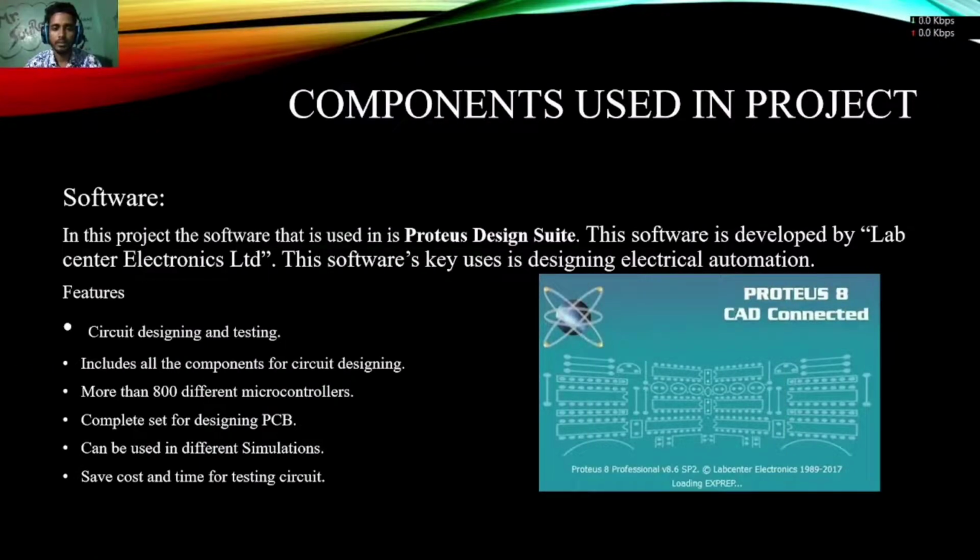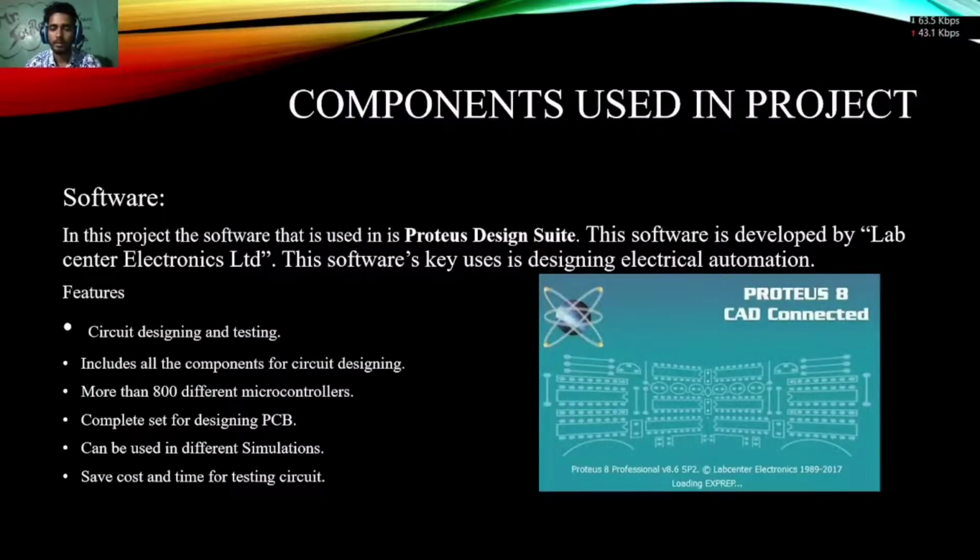The first component we need is software. The software used in this project is Proteus Design Suite. This software is developed by Labcenter Electronics Limited. This software is used for designing electrical automation.